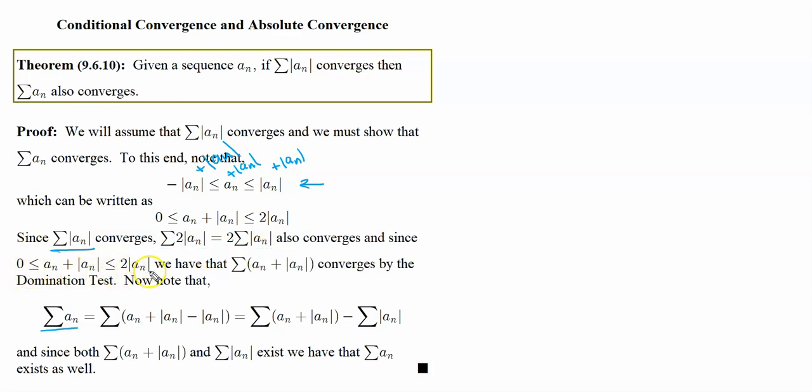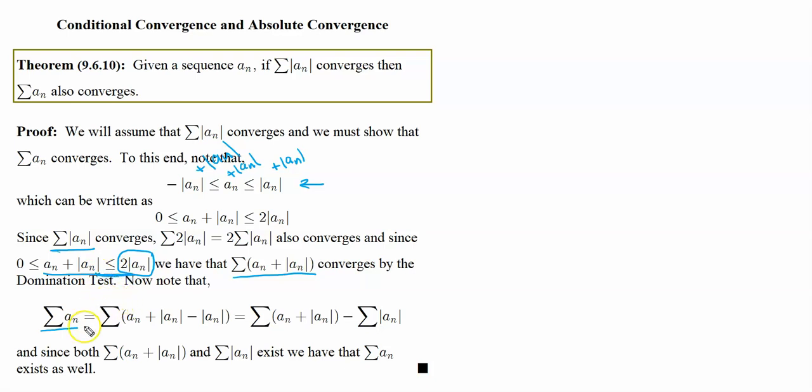Now let's also note from our inequality here that since the series involving these terms converges, the series involving these terms will also converge by the domination test that we looked at previously. And that's because of this inequality right here.